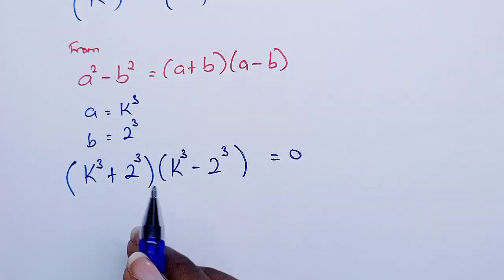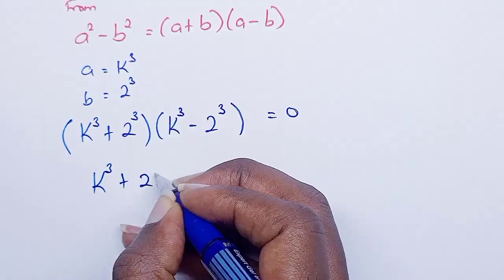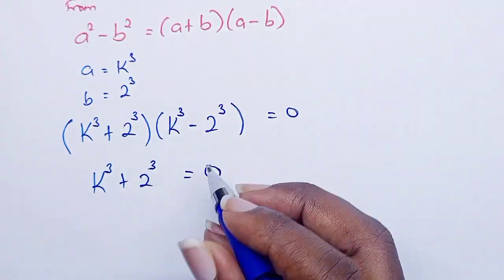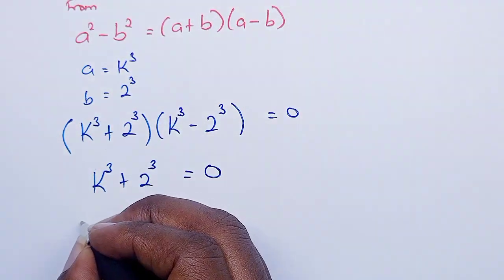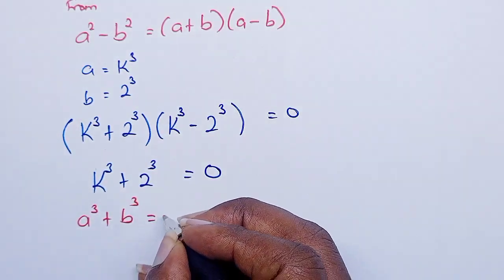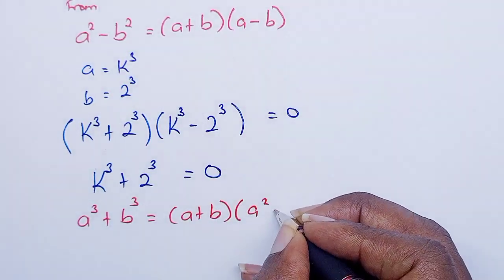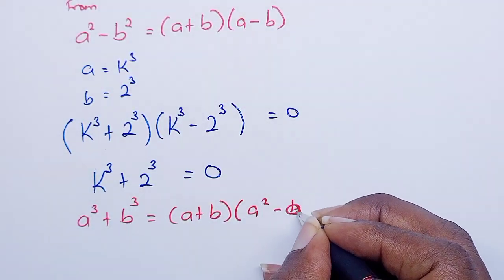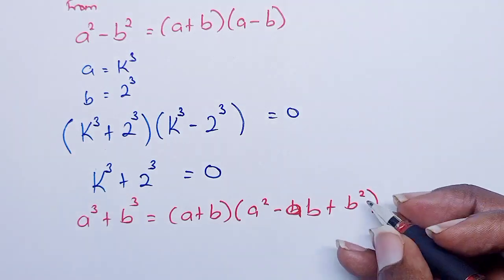So we've said we have two solutions, this and this. So let's start with this one here. k cubed plus 2 cubed is equal to 0. Now, we know that a cubed plus b cubed is equal to a plus b into a squared minus ab plus b squared.